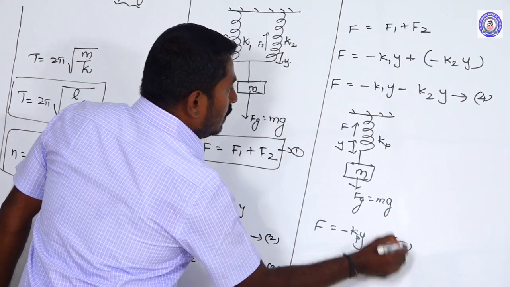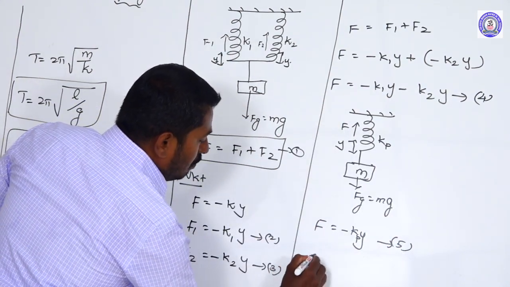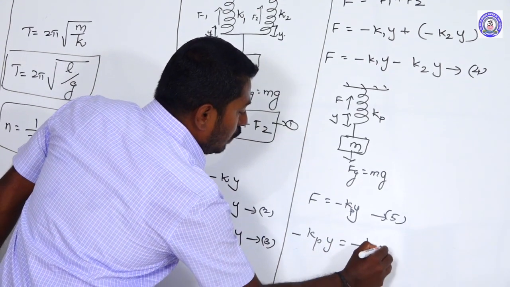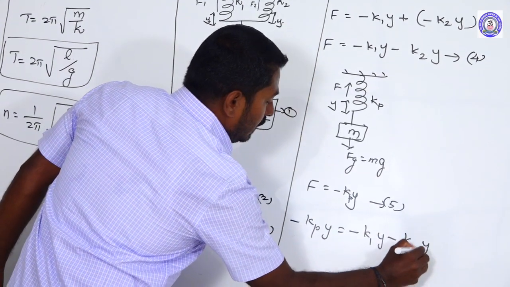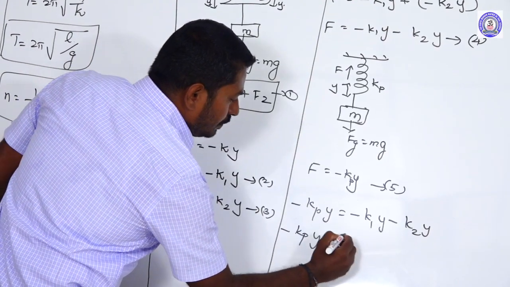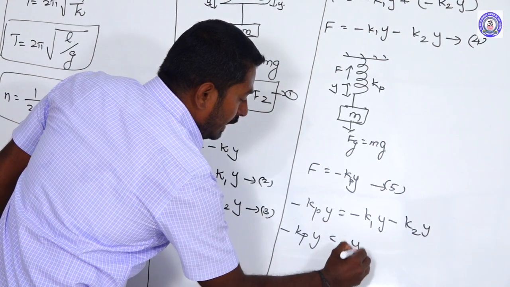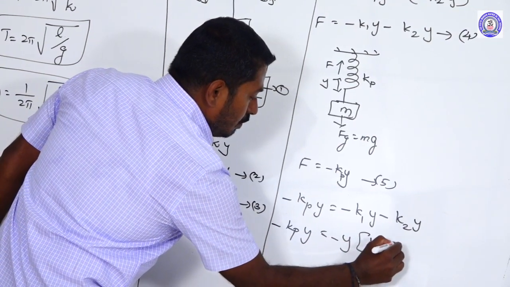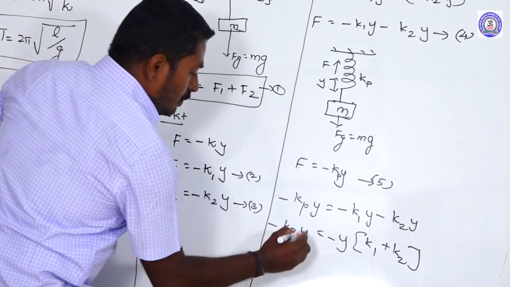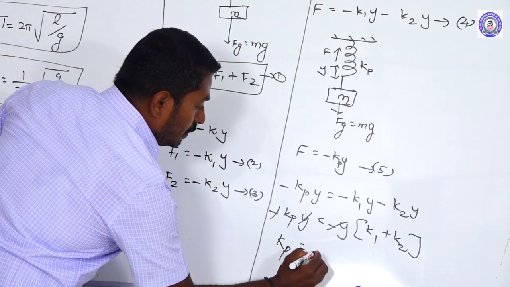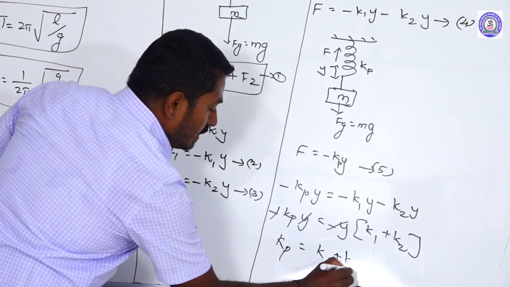Substitute equation 5 in equation 4: minus Kpy is equal to minus K1y minus K2y. So minus Kpy is equal to minus y commonly taken out, K1 plus K2. The minus y cancels, so Kp is equal to K1 plus K2.